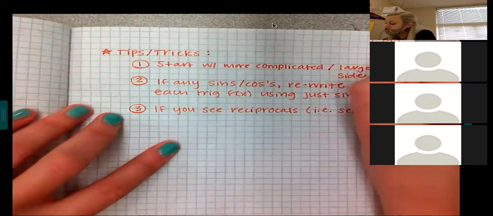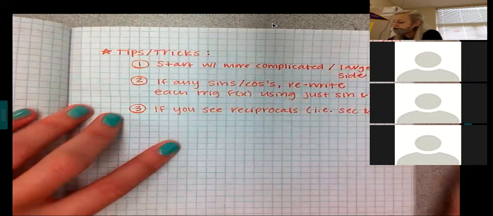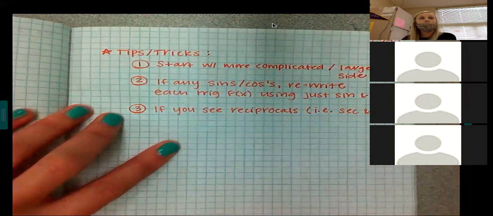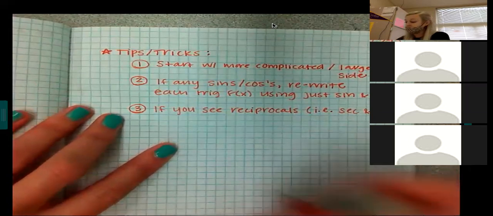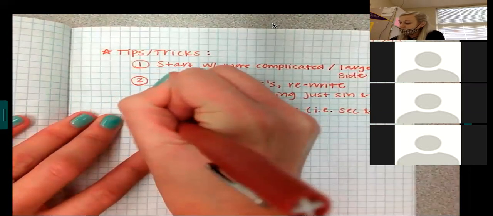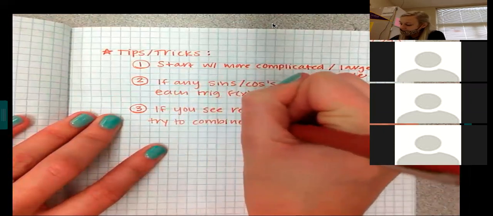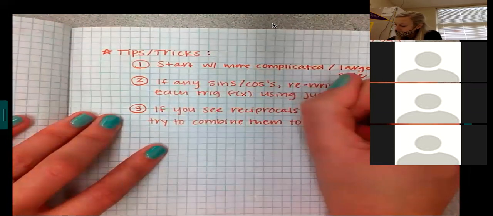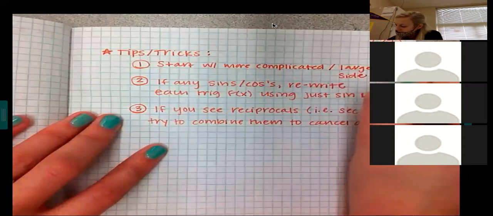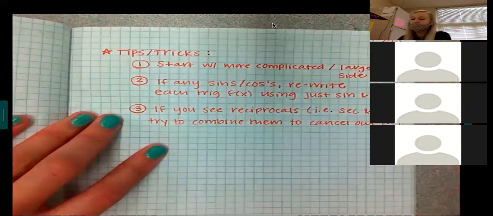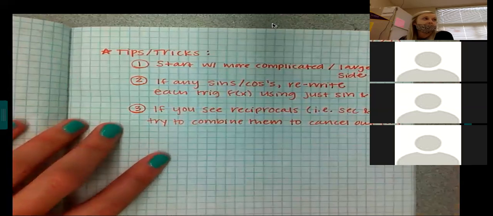If you see reciprocals like secant and cosine, or cotangent and tangent, or cosecant and secant, try to combine those to cancel out first.